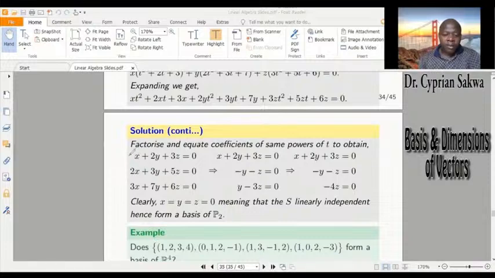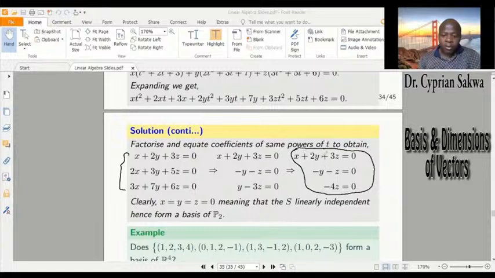So I have this system and I reduce it to echelon form, and my final result here, reducing to echelon form. Now, looking at this last row, it means that z is 0. Moving to the second equation here, when z is 0, y would also be 0.